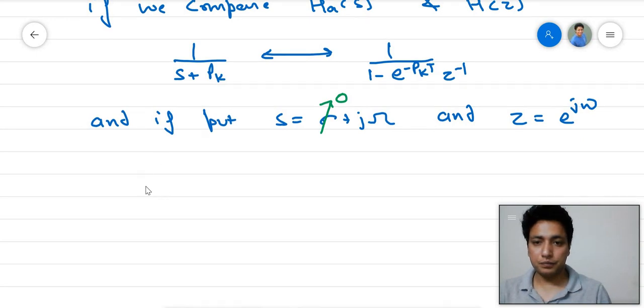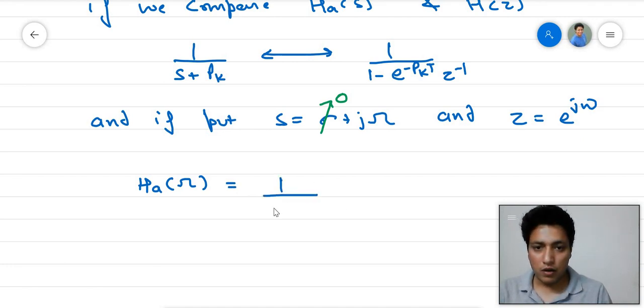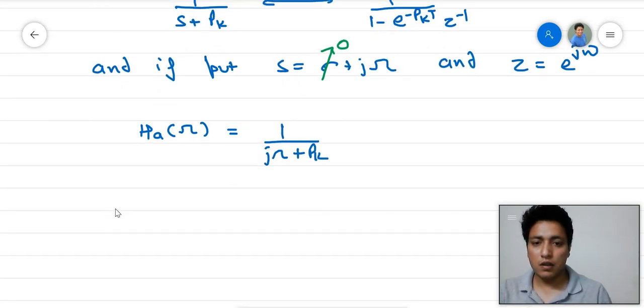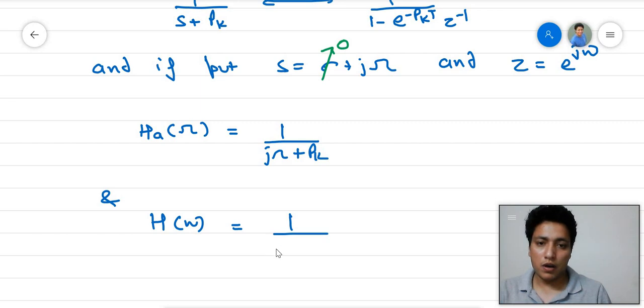Then H_a(omega) will be equal to 1 over j omega plus p_k, and H(omega) will be equal to 1 over 1 minus exponential minus p_k T exponential minus j omega.